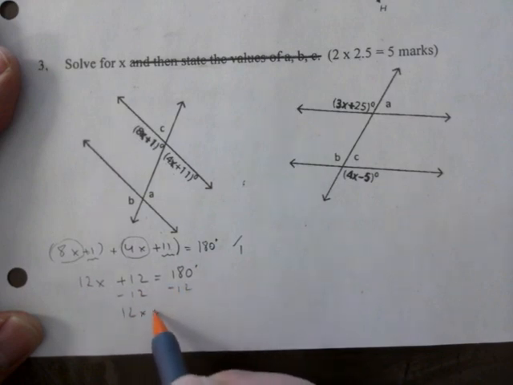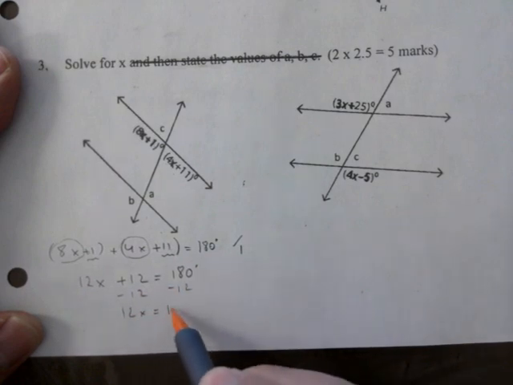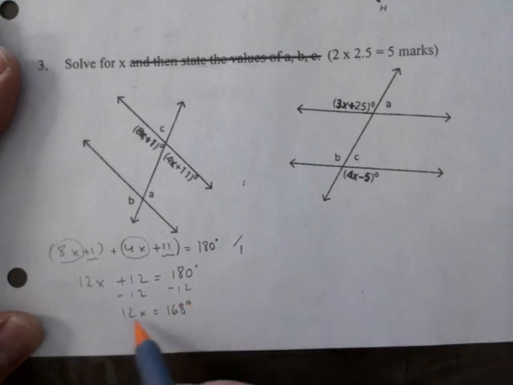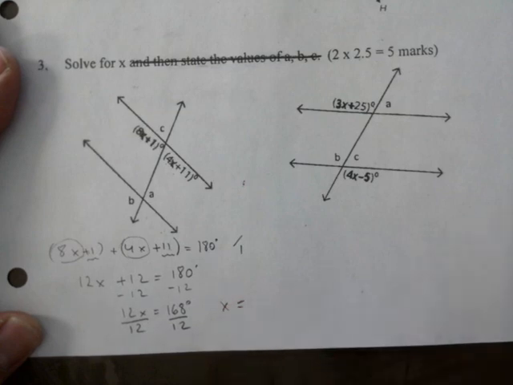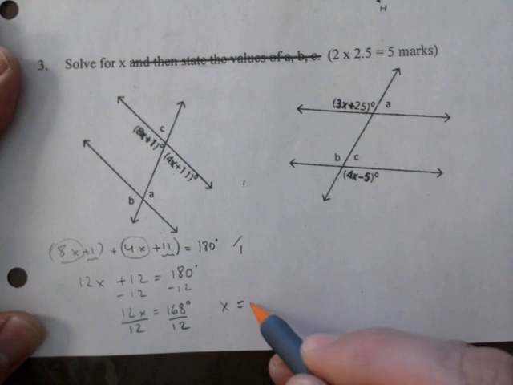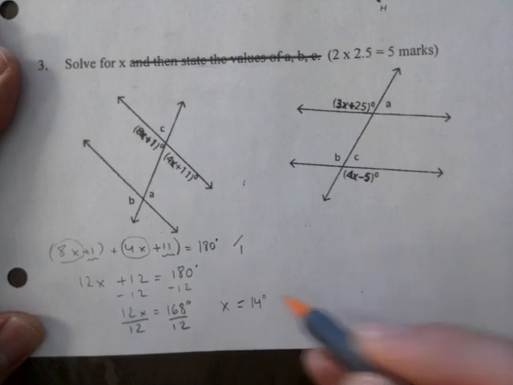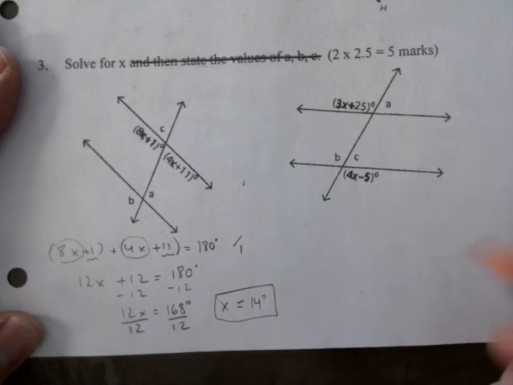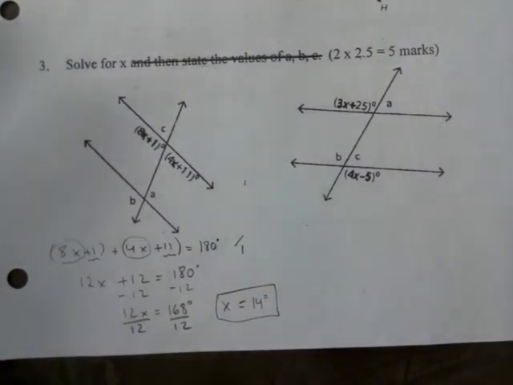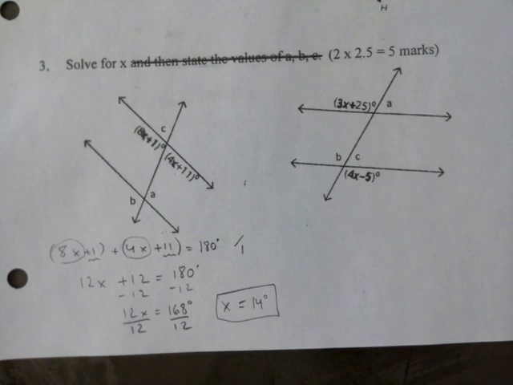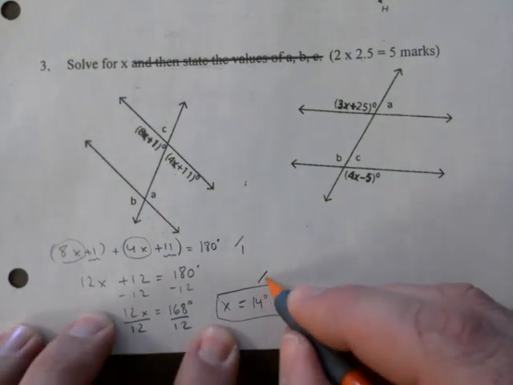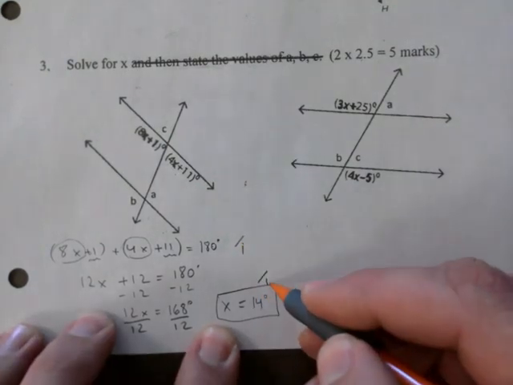That leaves me with 12x is equal to 168, and then dividing both by 12, that's 14. I don't have the key in front of me, so technically this isn't degrees. If you don't have degrees today, that's fine. So the correct final answer is a 1 as well. So 1 and 1.